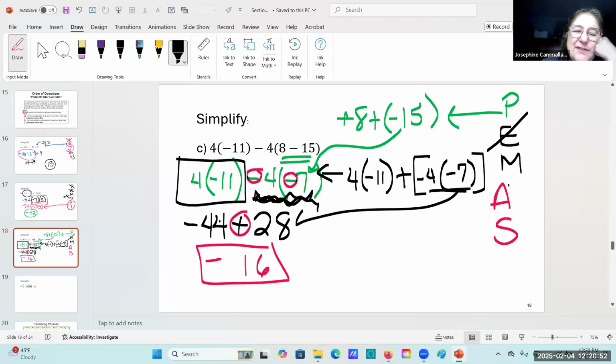That's why this gives me 28. This sign is understood, that plus sign. Now, if you wish to write it as I did in black, be my guest. But remember, a negative number next to a parentheses is meaning multiply. That's why negative 4 and negative 7 are in this bracket that I wrote in black.